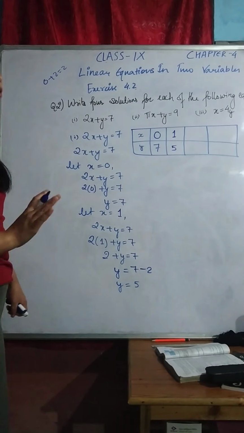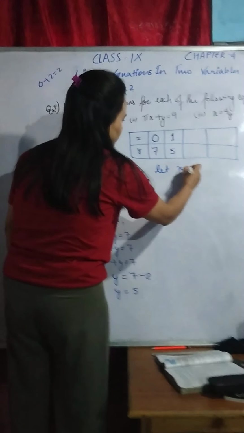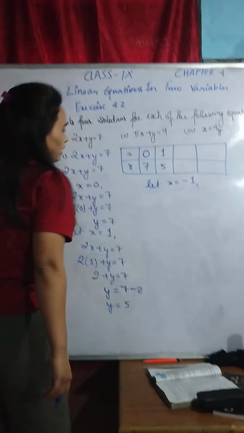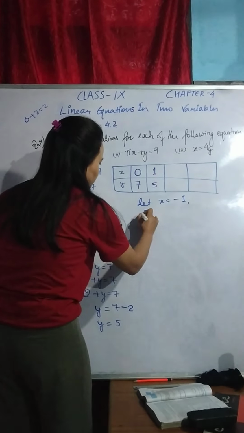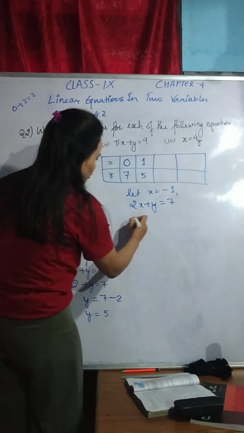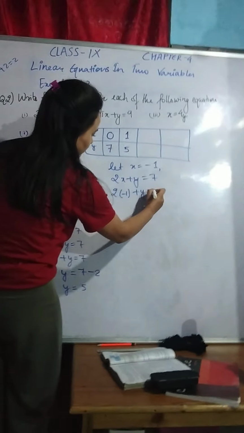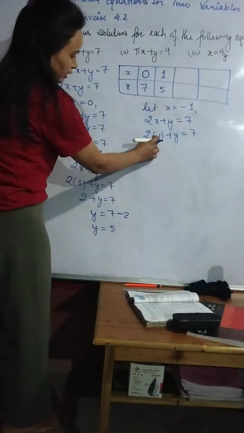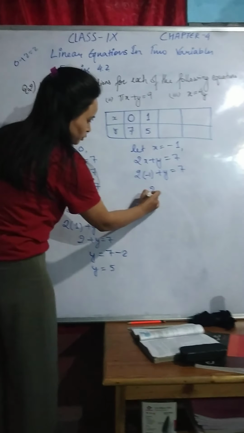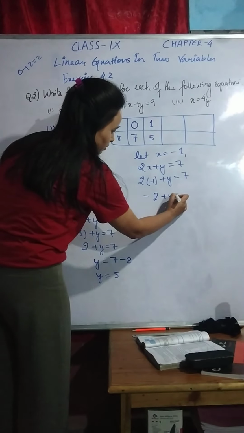Now we have to find 2 more solutions. Okay, let's take negative values also. x is equal to minus 1. Okay, same linear equation you have to write. 2, in place of x, replace with minus 1. Now 2 times minus 1 is minus 2, plus y is equal to 7.